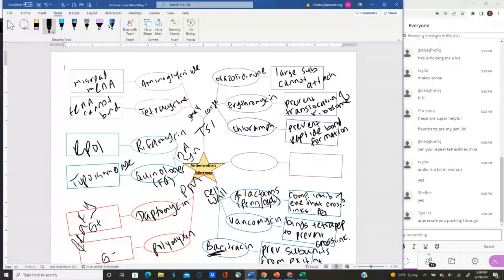Now for the 3 that target the large subunit, we're going to start with the oxazolidinones. And again, this is where I think pictures are fantastic. With oxazolidinones, the drug binds at just the right point so that the large subunit cannot attach to the small one.